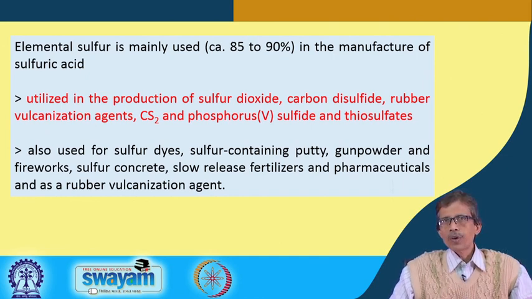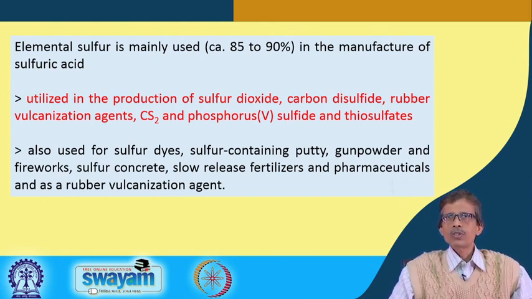So, about 85 to 90% of the sulfur that we are producing is meant for the production of sulfuric acid, because, like our nitric acid, this sulfuric acid has a huge demand in the industry and a large amount of sulfuric acid we have to produce for different purposes.